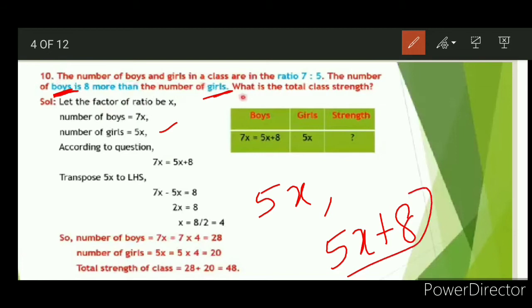This is boy's strength. But according to the question here, how much is boy's strength? 7x. Now these two we have to equalize. Both are boy's strength only. If we equalize these two, we will get this linear equation. Understand? Yes.